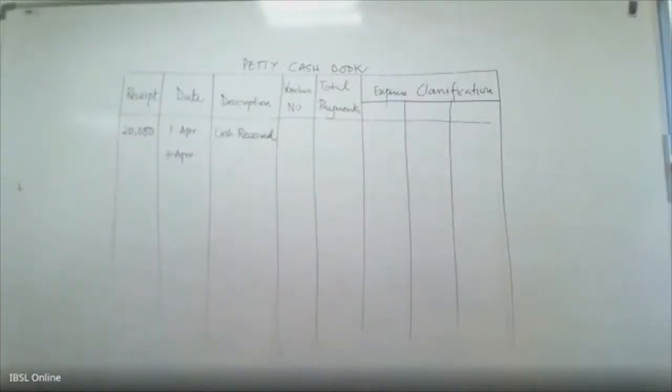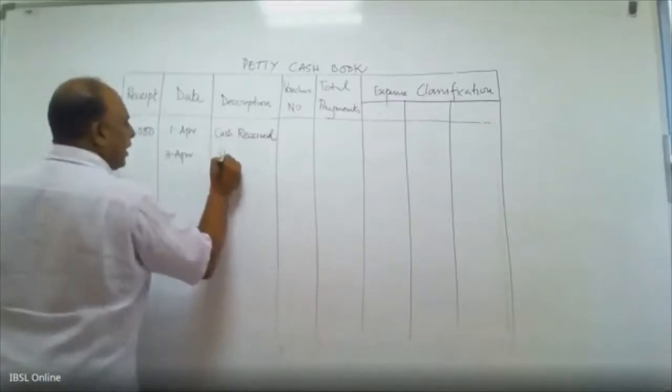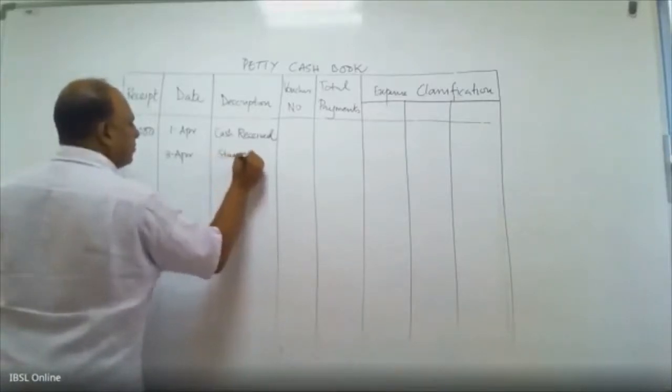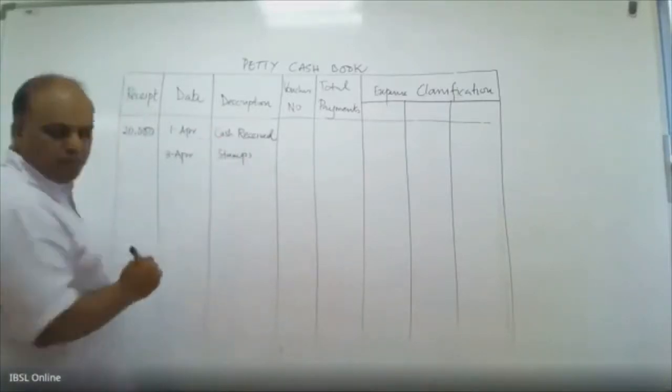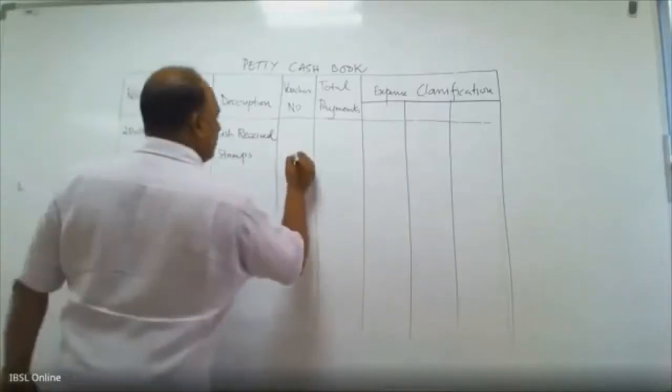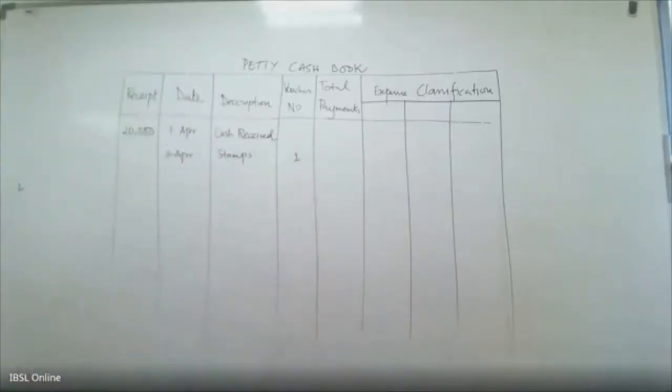But when you look at the second transaction, on 3rd of April, you have paid rupees 300 for stamps and you have a voucher number there. So 3rd of April, my description is stamps and voucher number 1.